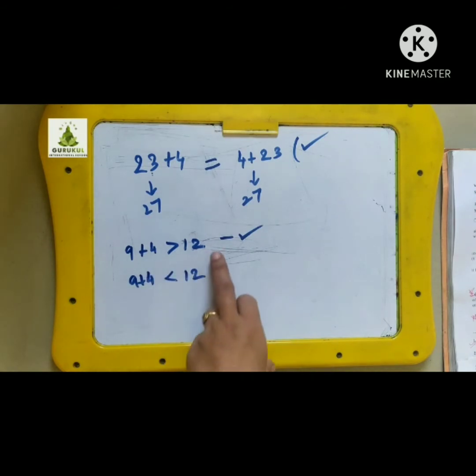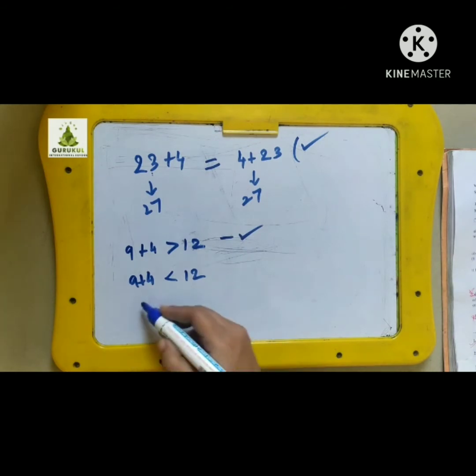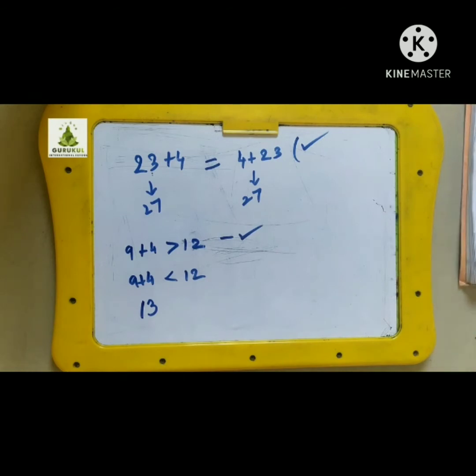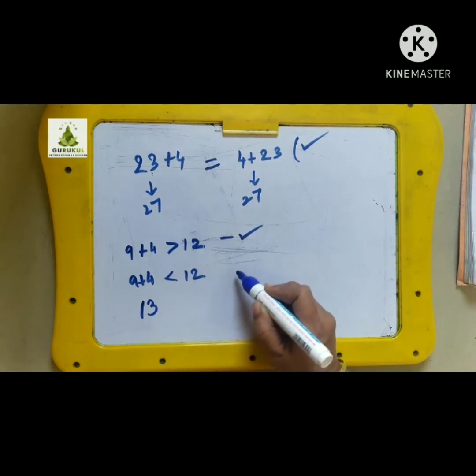With the same numbers, will the answer be correct? No, because 9 plus 4 is 13 and 13 is not less than 12, it is greater than 12. So you say your third statement is wrong.